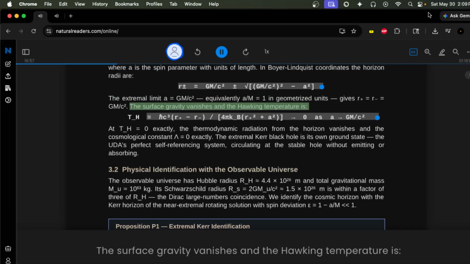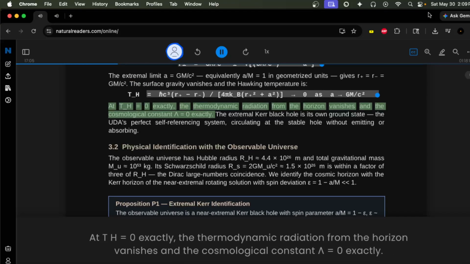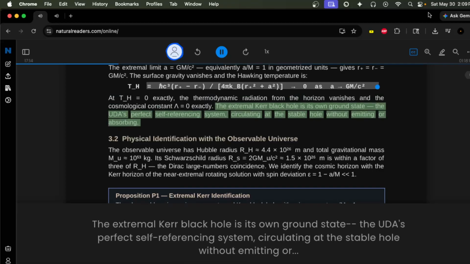The surface gravity vanishes and the Hawking temperature is T_H equals 0 exactly, the thermodynamic radiation from the horizon vanishes and the cosmological constant lambda equals 0 exactly. The extremal Kerr black hole is its own ground state, the UDA's perfect self-referencing system, circulating at the stable hole without emitting or absorbing.